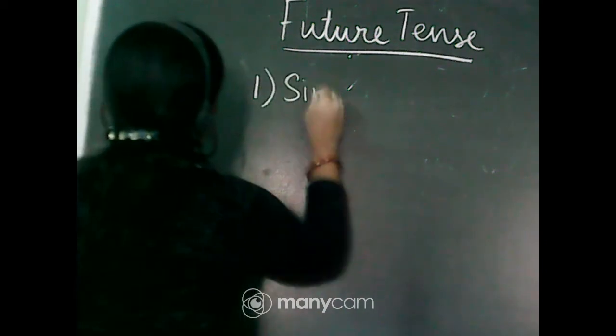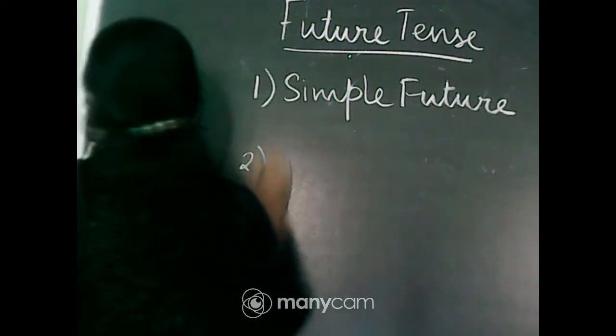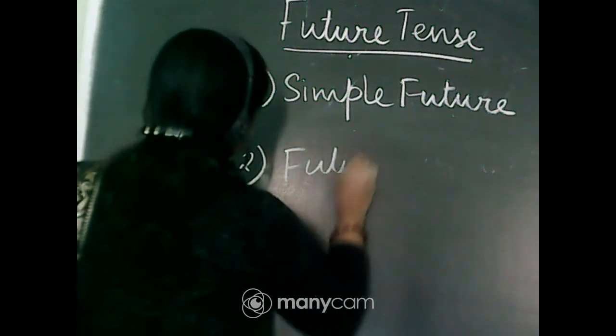Number one is simple future tense. Number two is future continuous tense.